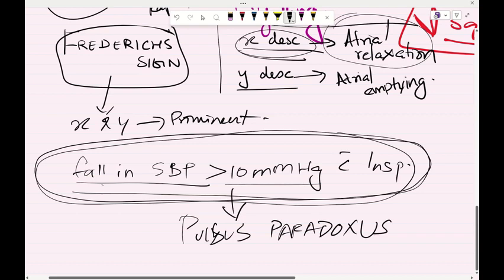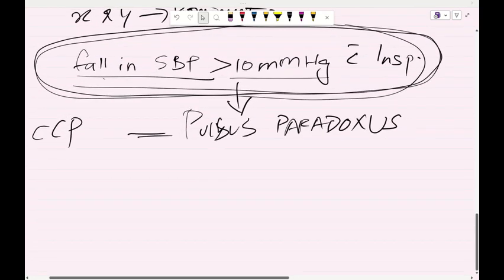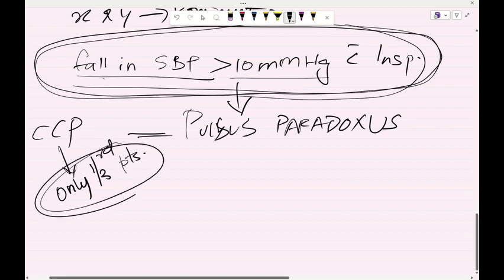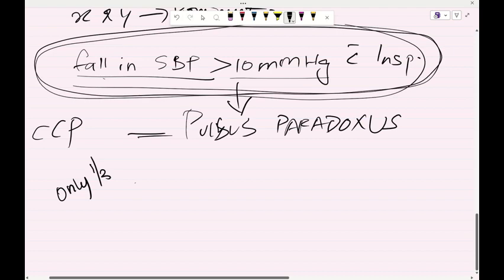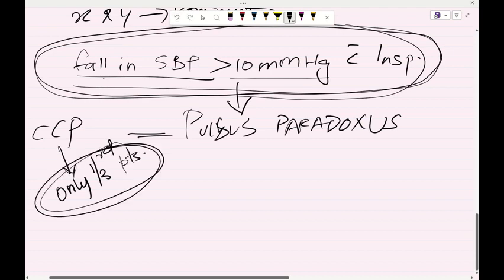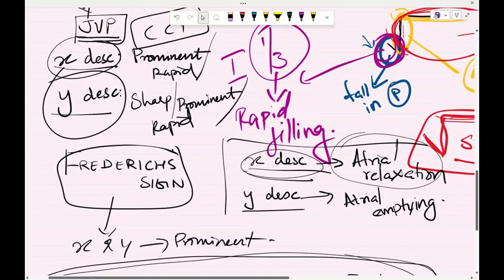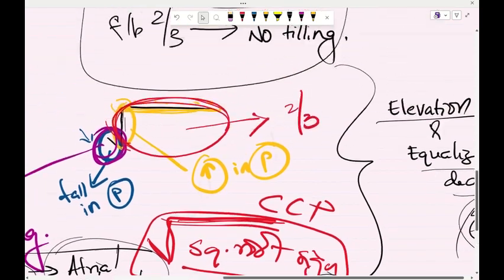And where do you get this? You get this in CCP also. But do all the patients of CCP get pulsus paradoxus? No, only one third of the patients, not like the first one third of the diastole I'm talking about. Only one third of the patients get pulsus paradoxus in CCP.